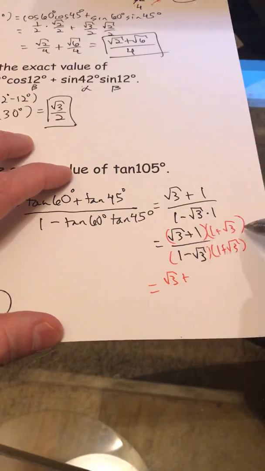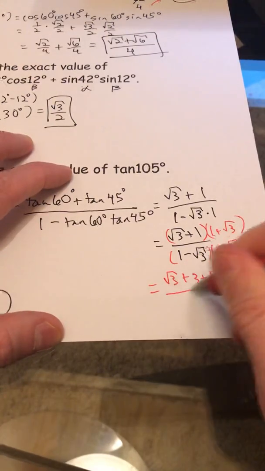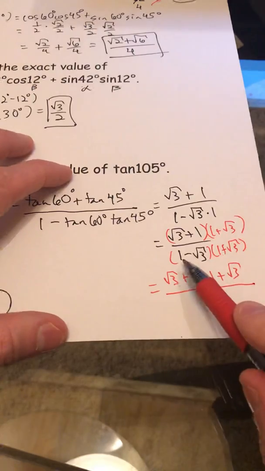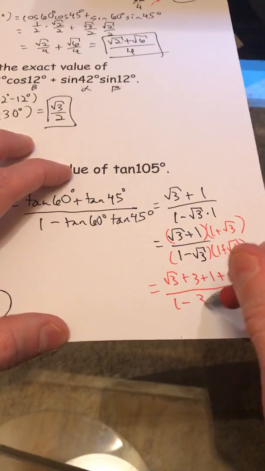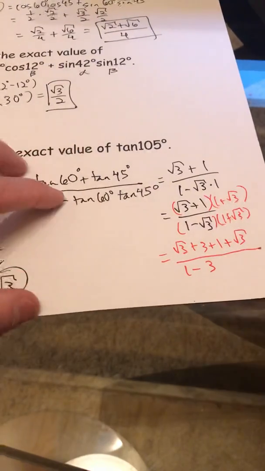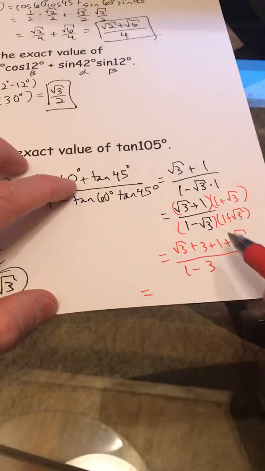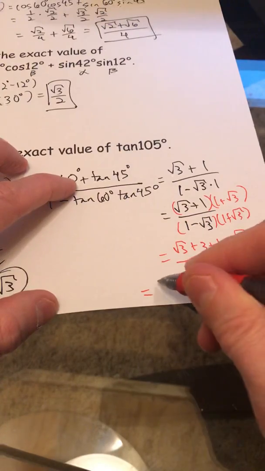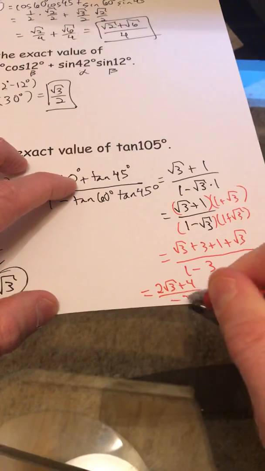So as we work through that, we have radical 3. As we FOIL, 3, 1, and radical 3. For our denominator, we just have 1 minus 3. So to finish this up, what we end up with is 2 radical 3 plus 4.